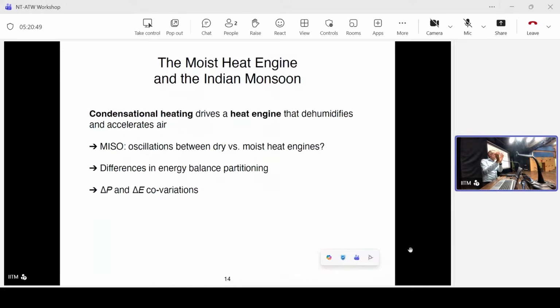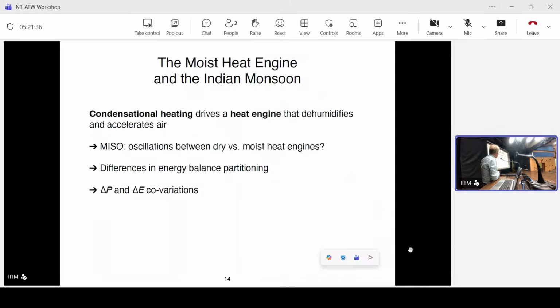The difference is that the moist heat engines, because they're driven by moisture, can structure the flow by concentrating the moisture and making it more powerful. They can contribute to the circulation, also across scales, and I think this relates to this interaction of scales. These are just some thoughts, but it could be helpful to think of these oscillations as this kind of interplay.